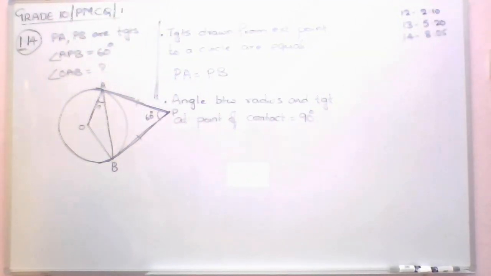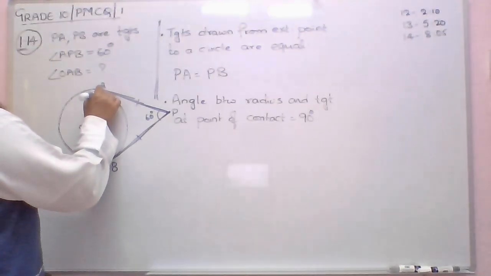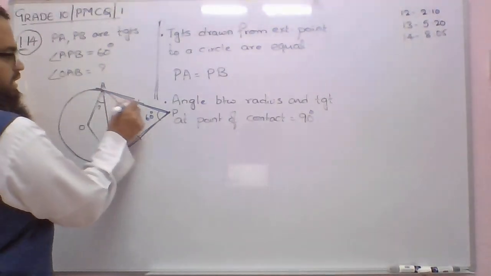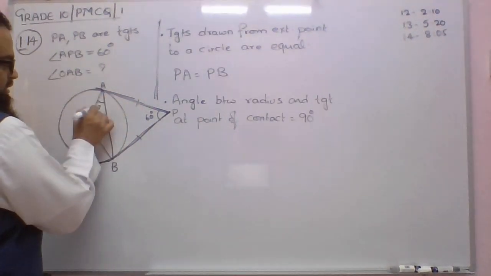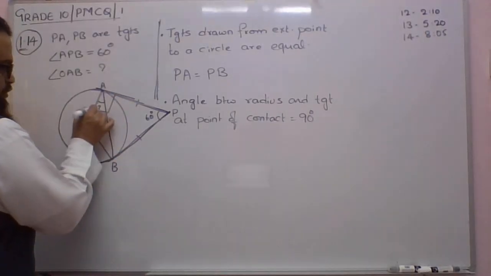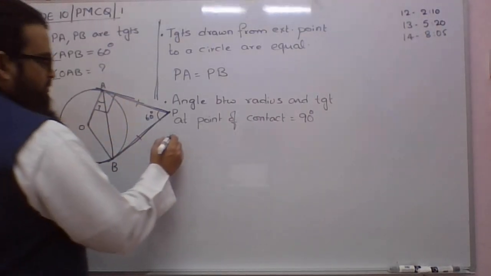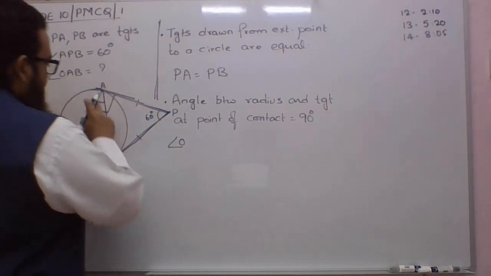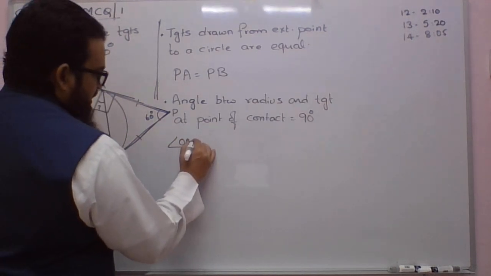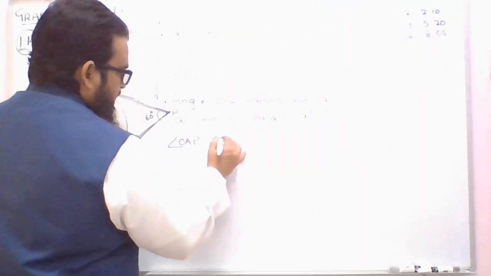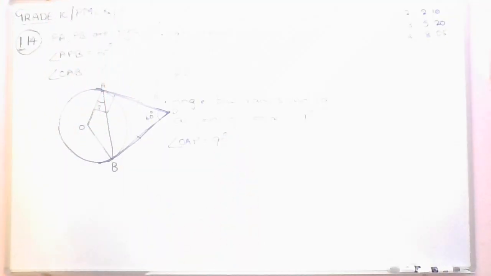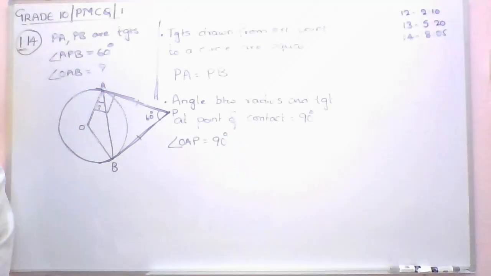Understood or not? So what is the radius here? OA, and what is the tangent? AP. So the angle between these two is 90 degrees. That means angle OAP is equal to 90 degrees. These are the two important concepts which are used over here.